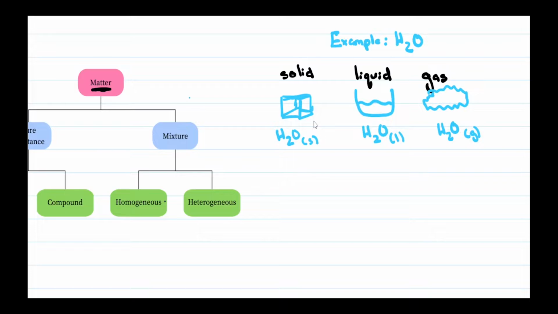Solids are very structured and rigid, and gases are very, very dispersed, and that refers to the particles inside each of these phases. The main trend you need to note here is that solids are very tightly compacted. Liquids are a bit on the medium end of it. They're a mixture of the tight compactness of solids and the very loose dispersed matter of gases and how far apart the particles are in gases.